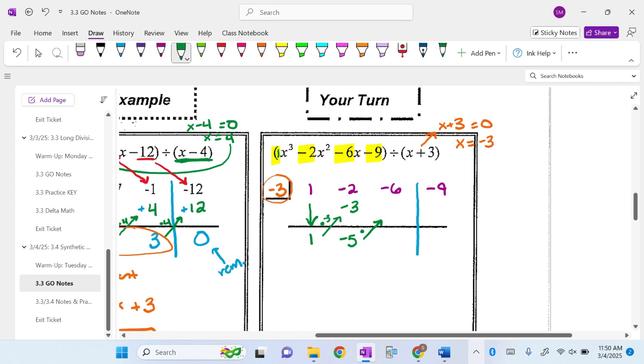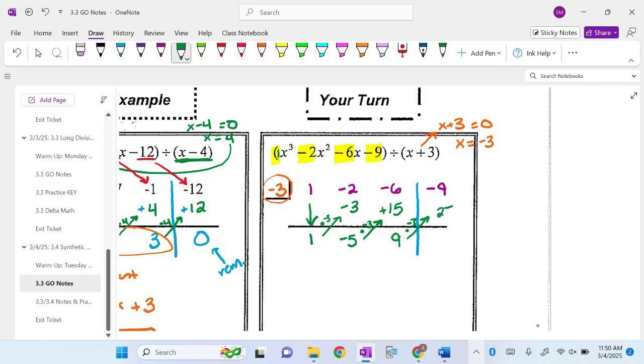So what's -5 times -3? +15. And we add them. What's -6 plus 15? +9. Multiplied by -3. What's 9 times -3? -27. And then what's -9 plus -27? -36.